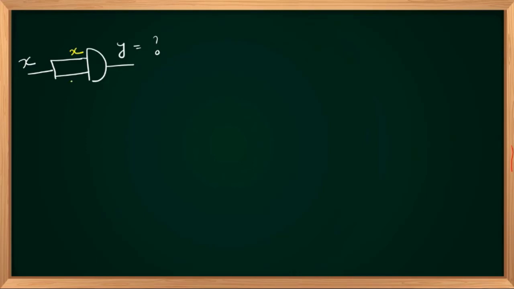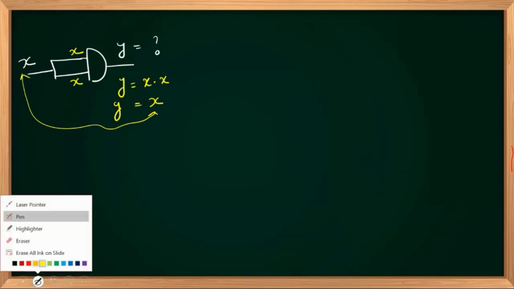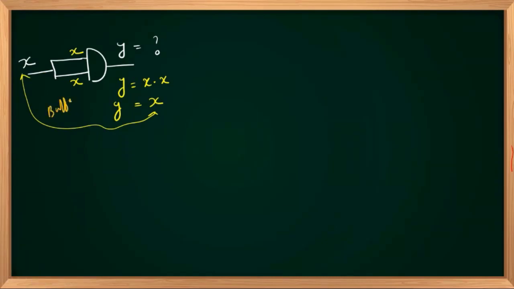Here it is X, here also it is X. So Y will be the product of X and X, which is the same as X, right? So an AND gate with its inputs connected or shorted together will act as a gate whose output is the same as its input. That is called a buffer, right? An AND gate with the inputs connected together acts as a buffer.